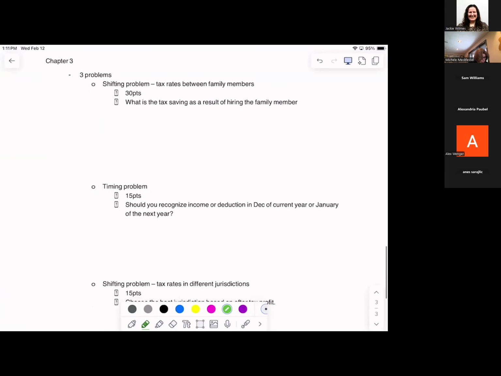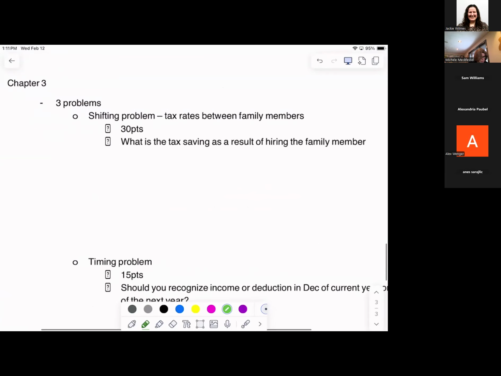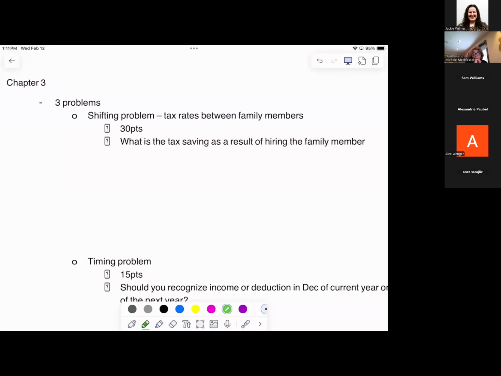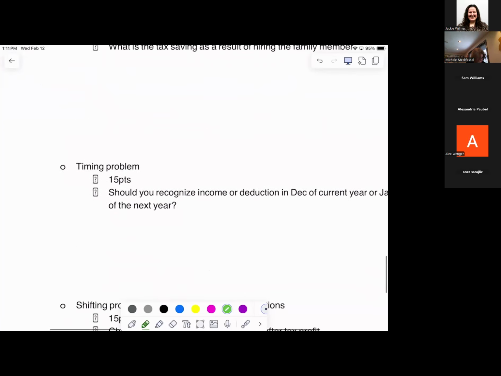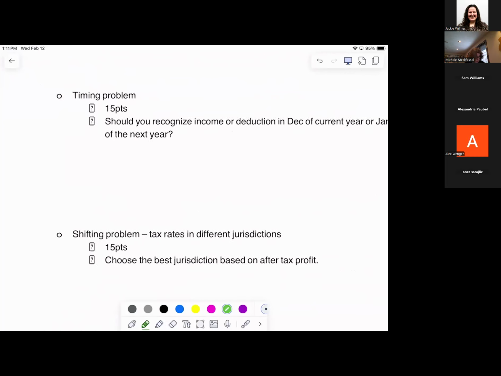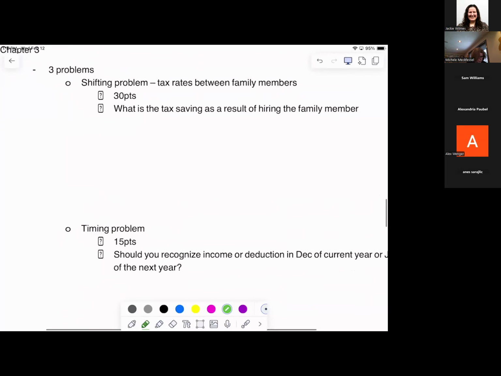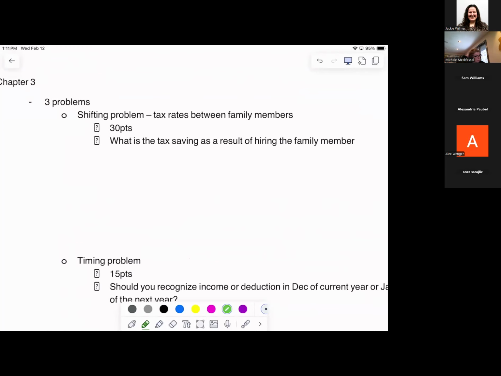And then we get into the serious business in chapter 3. Okay. And so in chapter 3, then you'll have a shifting problem, a timing problem, and then a shifting problem from a jurisdiction perspective. Okay. So the shifting problem between family members. All right.